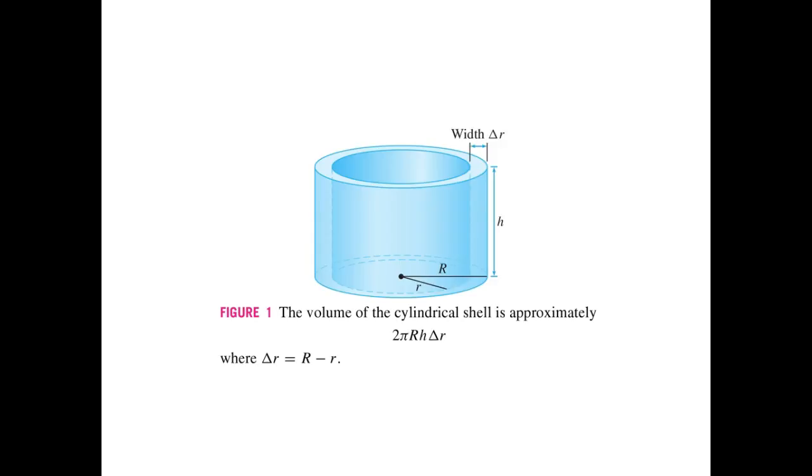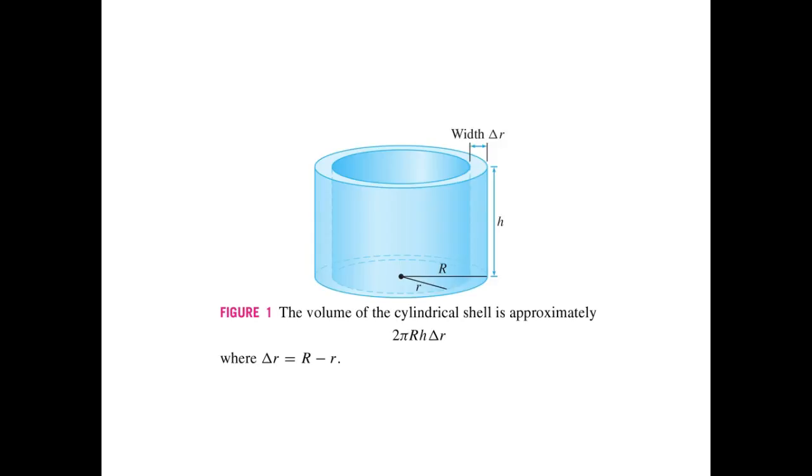And this is approximate, it's not an exact thing. Well, what you do with the cylindrical shell, if you want its volume, is take some tin snips and snip up one side, and then lay it flat.